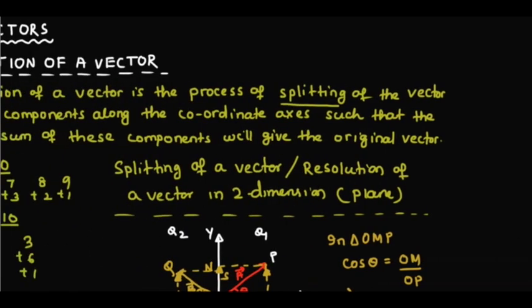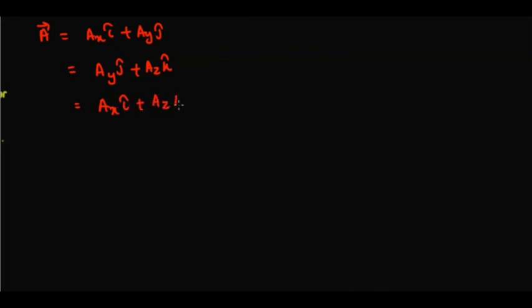So students, I had discussed how to calculate the magnitude of a vector if it is given in the component form. So let me summarize all those formulas here. Suppose vector A is equal to AX I cap plus AY j cap, or vector A can be expressed as AY j cap plus AZ k cap, and similarly vector A can be expressed as AX I cap plus AZ k cap.